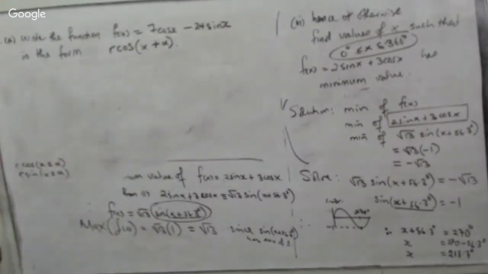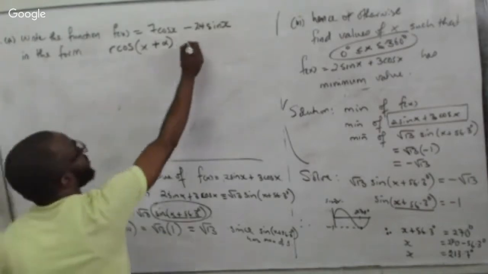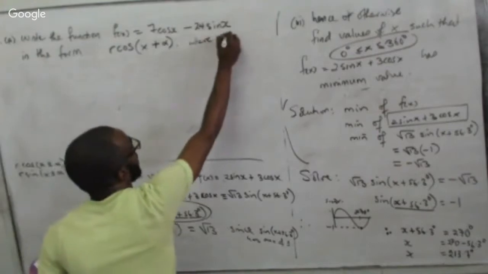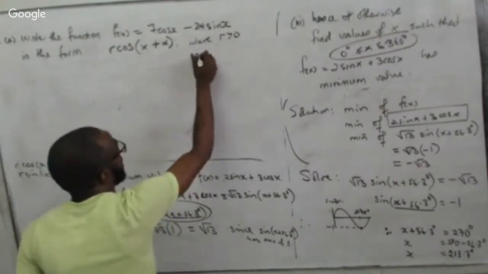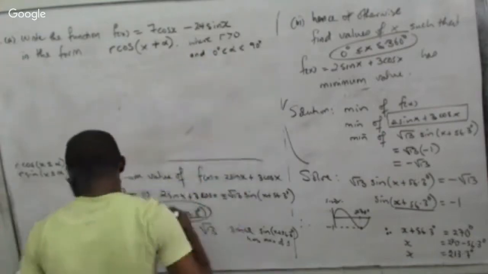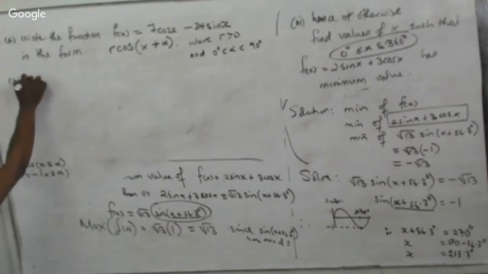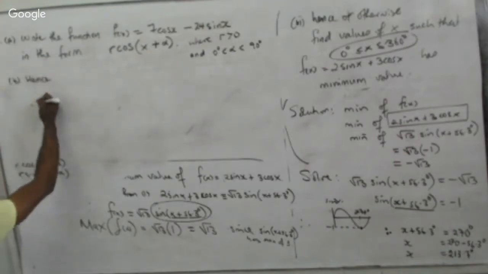Yeah? All right. You see the telling, where r is greater than 0 and alpha lies between 0 degrees and 90 degrees, meaning it's acute. B, they say hence, that means don't try anything else at home.